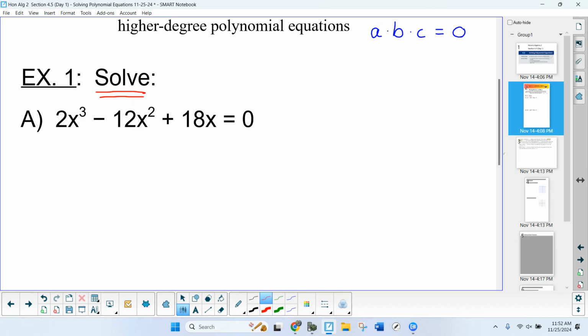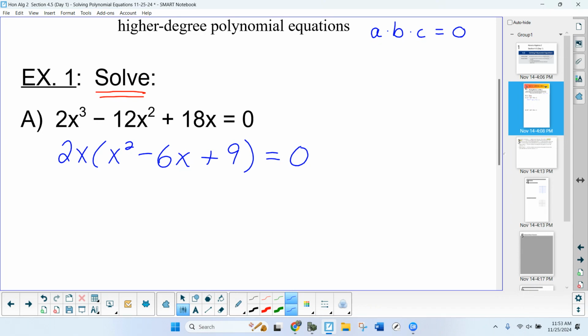Yes, 2x. When you factor out a 2x, what do you have left? x squared minus 6x plus 9.